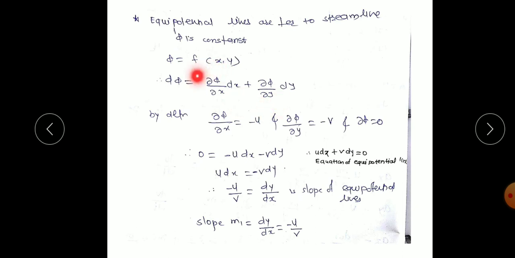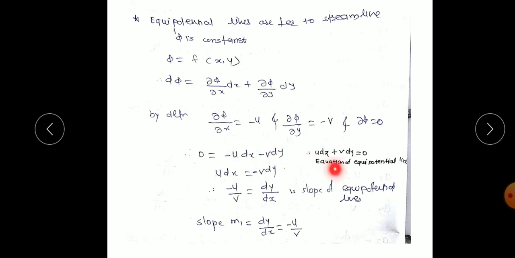Now del phi by del x, we know, is minus u, and the differentiation of the potential function with respect to y is minus v. And if phi is constant, then its differentiation will be zero. So d phi is equal to 0. So putting the values, minus u dx minus v dy, or rearranging, u dx plus v dy equal to 0.